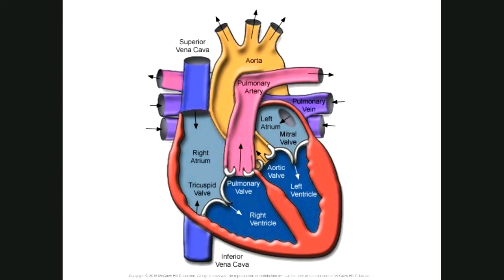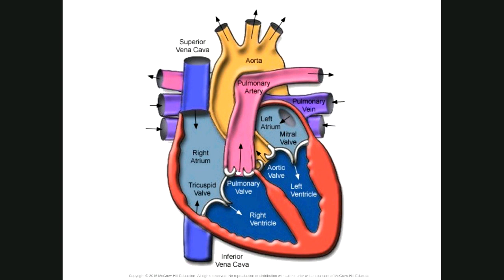In this picture, you can see the right atrium here, left atrium, right ventricle, and left ventricle. As you see in this picture, from the right ventricle, we have the origination of one important blood vessel. This blood vessel is called the pulmonary trunk.